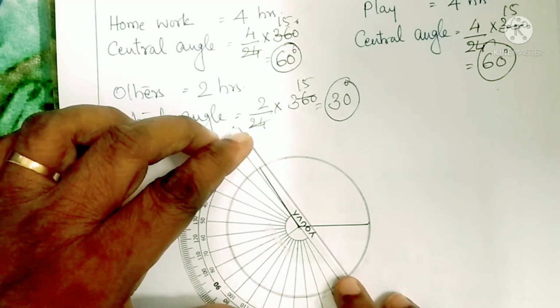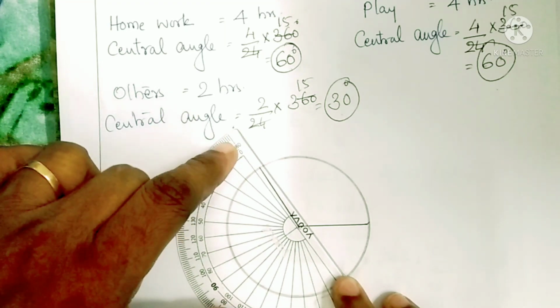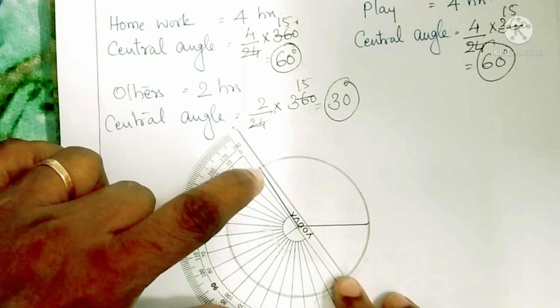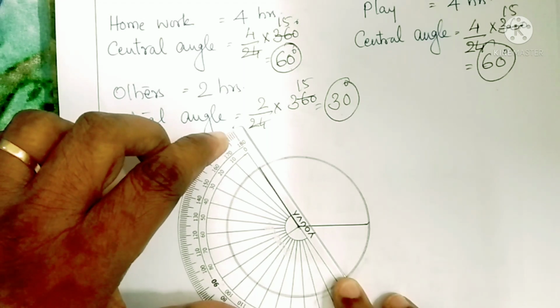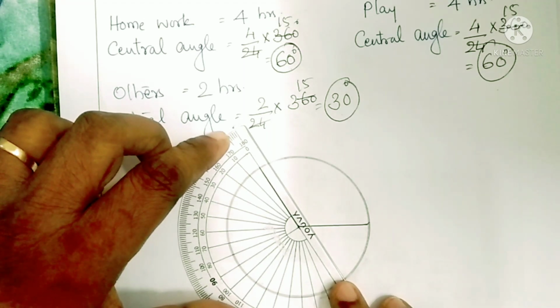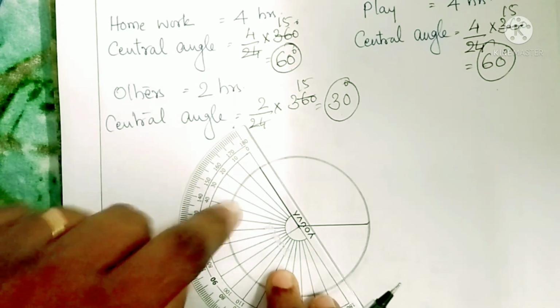You see here the center point, and when you keep it like this, you can see both the line on the protractor and the baseline of the protractor and the radius here. That should not be seen. You should be able to see only one single line. Now it is ready.